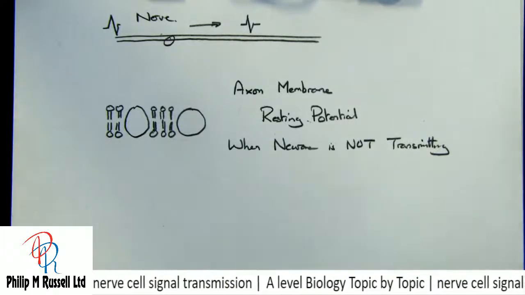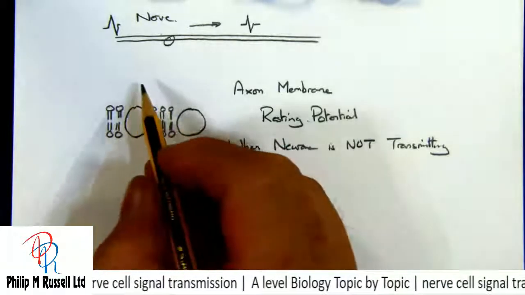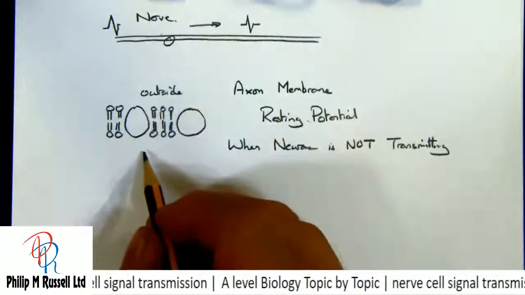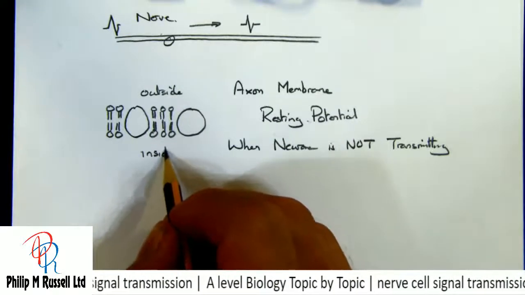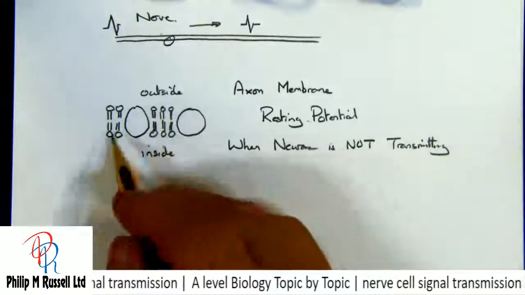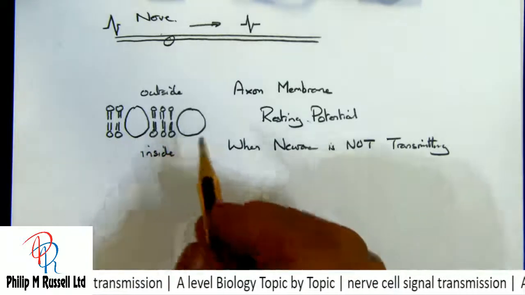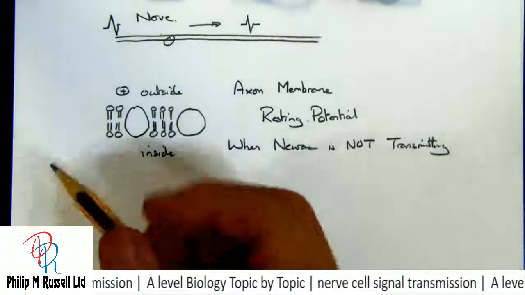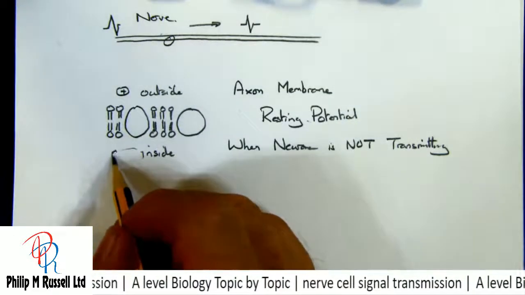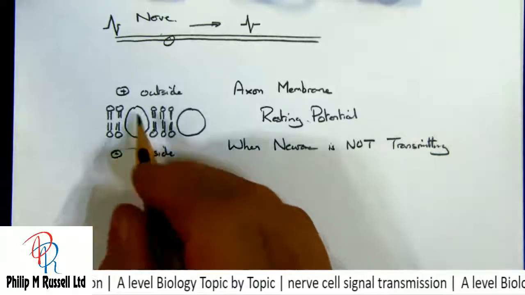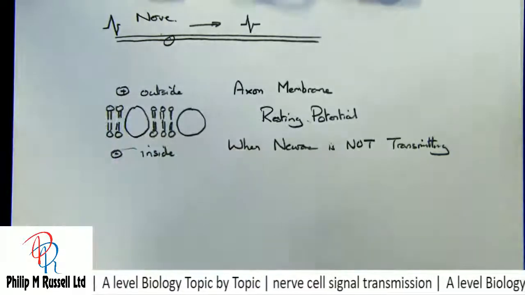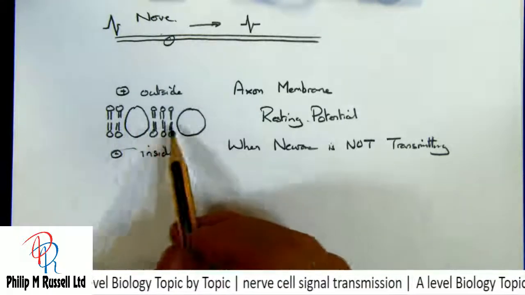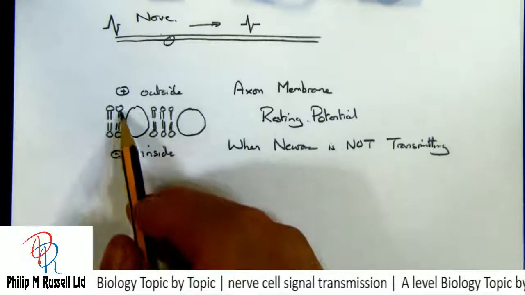And what we have in here is basically an outside and an inside. We have ions, maybe positive ions, and we may have negative ions, and these are separated by this phospholipid bilayer with a few proteins in it, and this is an insulator.